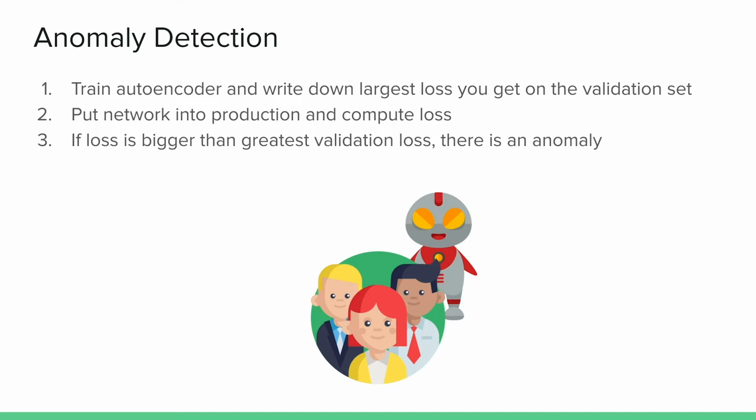Then we take that trained network and just put it into production. In production, it will take any input sample and produce a certain loss. And if that loss is now much greater than the biggest validation loss we saw when we trained this thing, there is an anomaly, because it clearly is out of the distribution that it saw during the training phase.